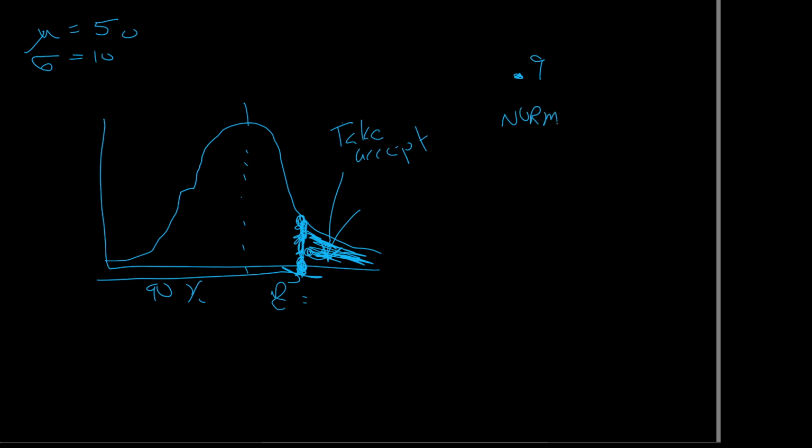So that's norm dot inverse, and my percentage is 0.9, and my mean is 0. My standard deviation is 1. And that will spit out the Z value for me.